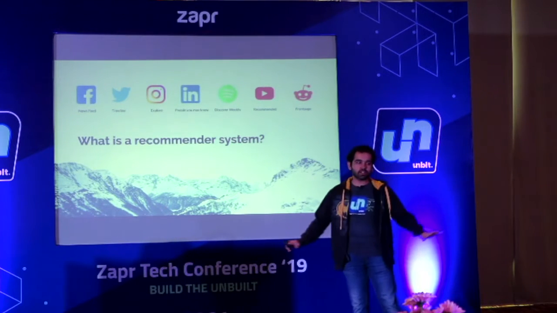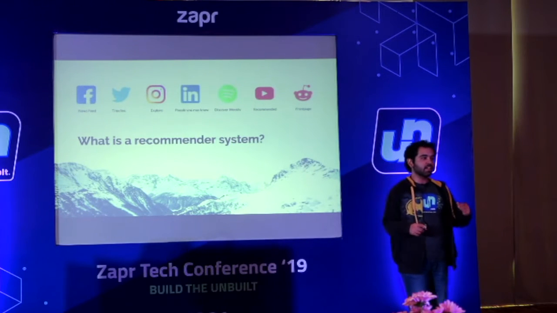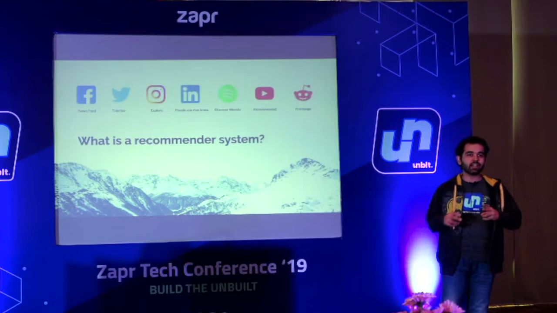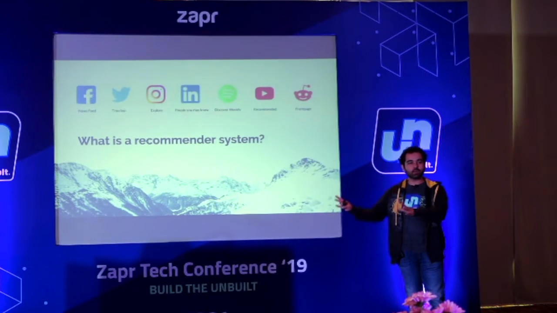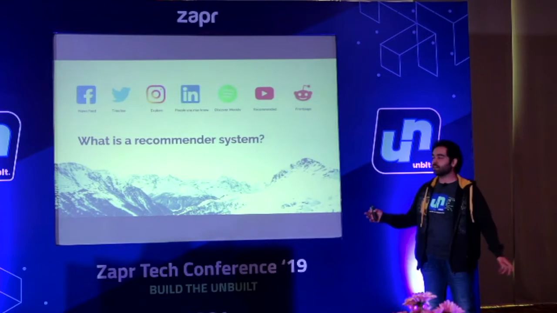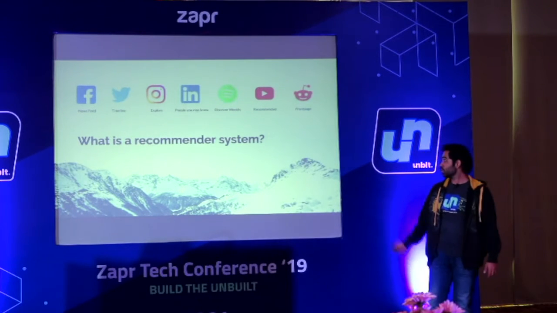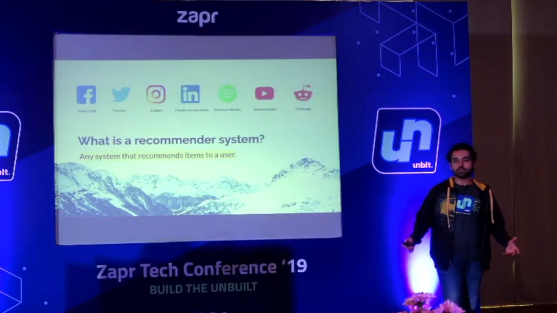My whole talk will try not to get into any geeky terms or technical keywords, so that even people who are not so much into machine learning or technical wizardry of that sort understand the whole talk. Hence a recommender system is any system that recommends an item to a user.